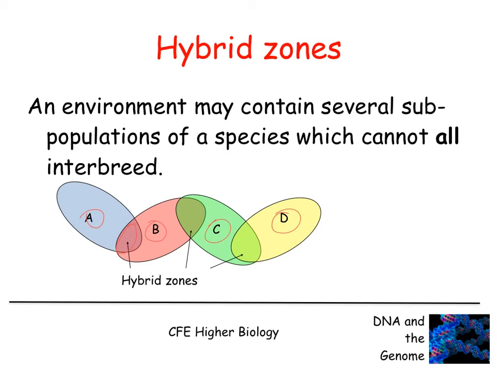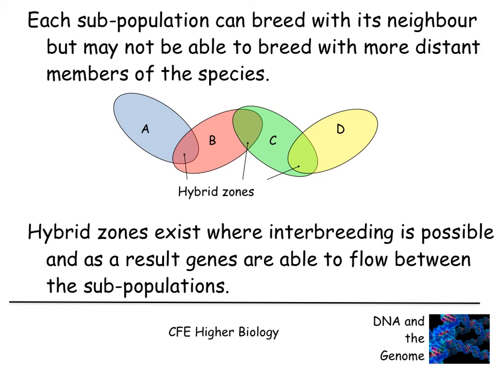But A cannot breed with C, and A cannot breed with D. In the same way, B on this diagram is able to interbreed with population A and population C, but not with population D. So you get this hybrid situation happening. In this diagram, each subpopulation can breed with its neighbour, but it may not be able to breed with more distinct members of the species.